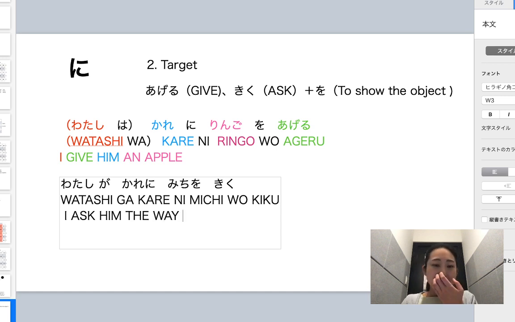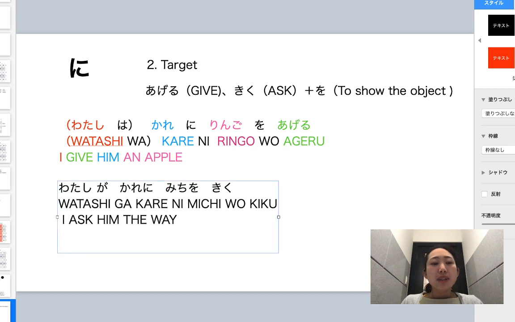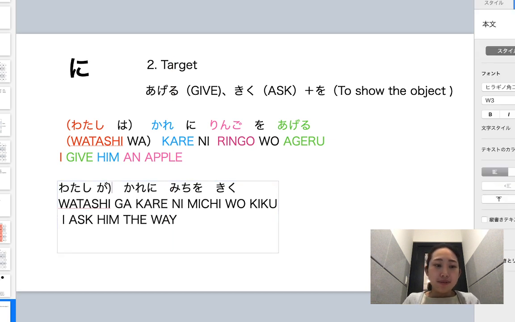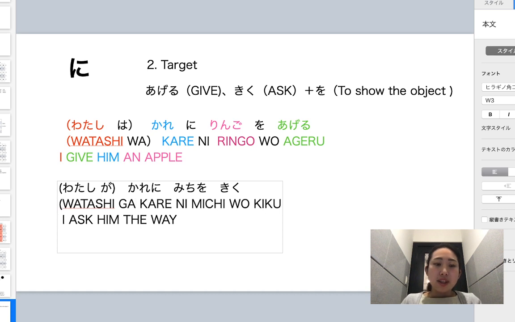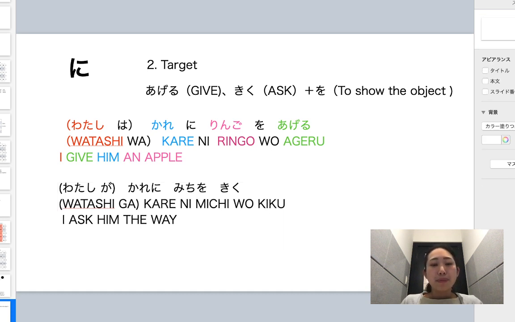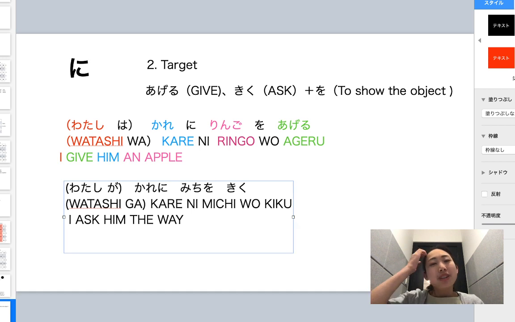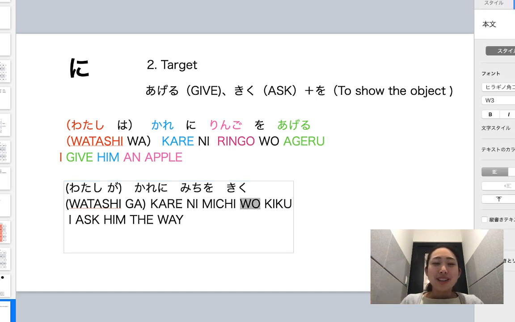Okay? 私が彼に道を聞く。I ask him the way. Maybe you don't use this a lot, but just to make the same sentence or same structure, I just use this, right? Okay. So, like the first one, 私が. Oh sorry, が is not I, but it's a supportive one.